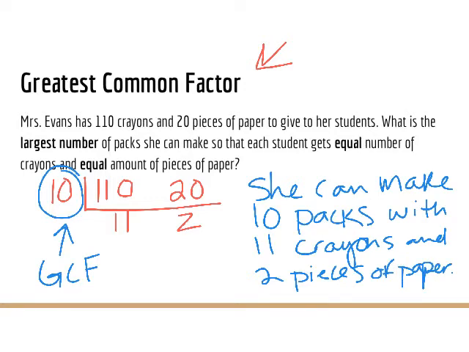So to recap, I identified which type of problem it was, I made a cake diagram and found the greatest common factor, and then I wrote out my answer in a sentence.